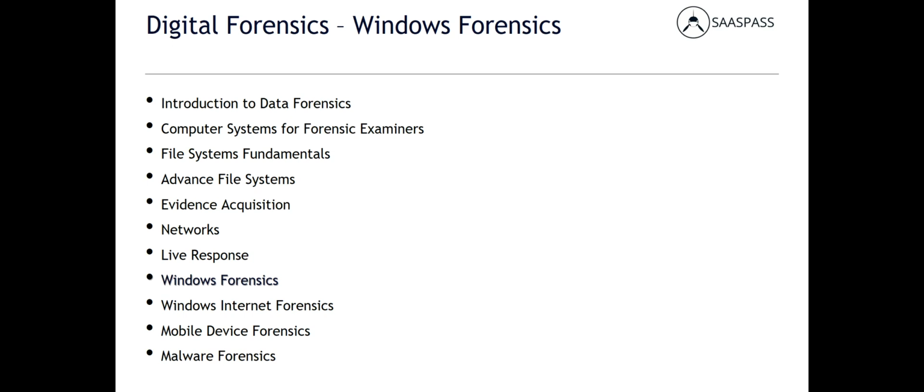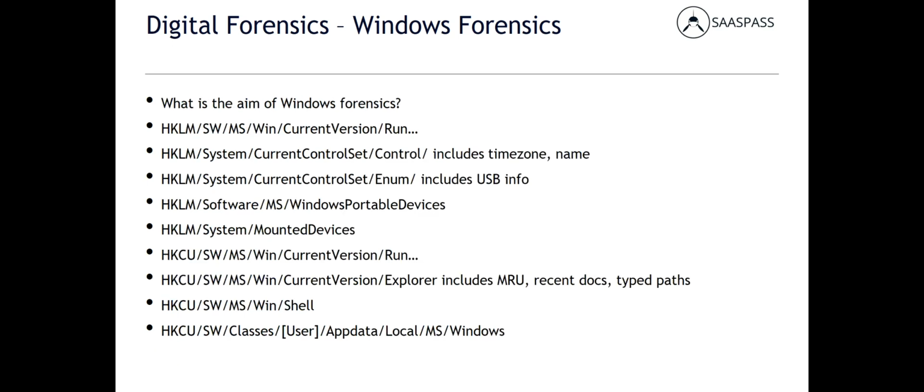Now in this lecture, we will try to show you how you can do Windows forensics. The reason why we choose Windows forensics is it is one of the most common operating systems used by end users, so it should be useful to collect, compile, extract evidence from Windows machines.